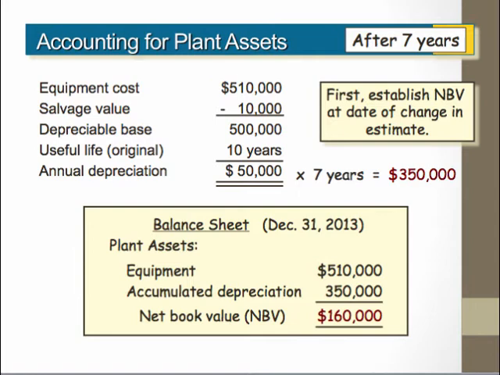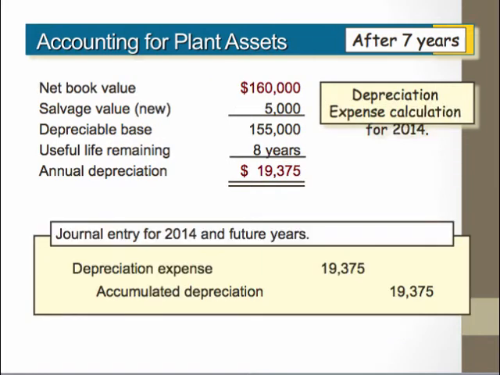In the 8th year, we change the estimates of salvage value and useful life. Now remember, we've already used it for 7 years, so we cannot go back and recreate 7 years. We want to look forward. So what we have is 8 more years of its useful life, and the salvage value has been decreased to $5,000.